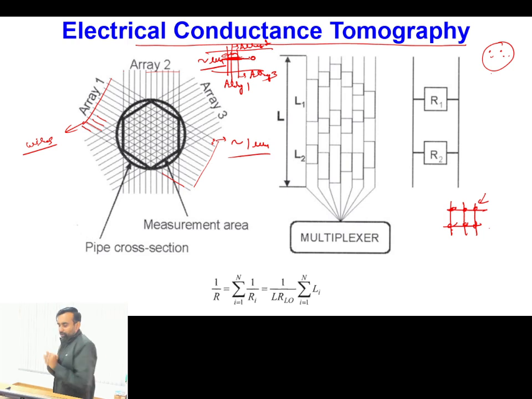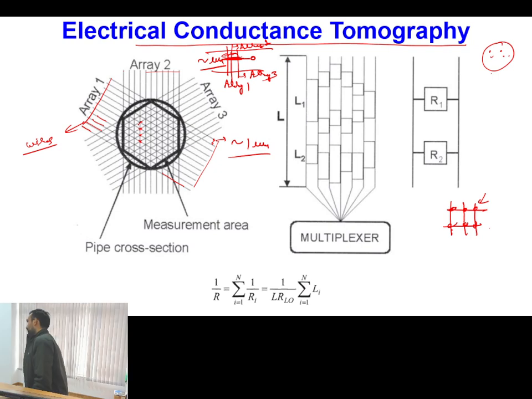However, from the geometric arrangement, you can tell how the wires are arranged. So in this way, at each and every location of the crossover of these wires, I can determine the value of the phase density function.